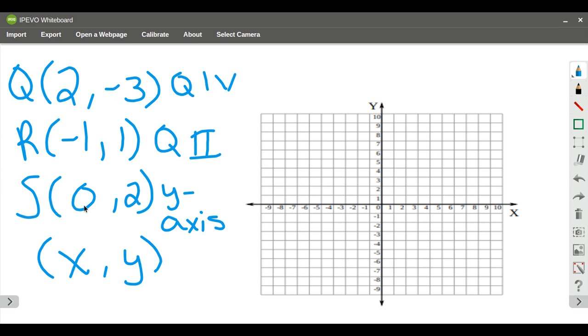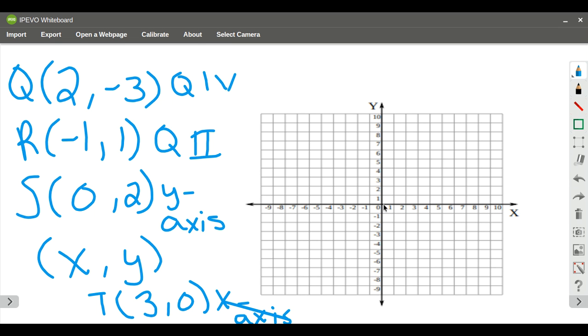Anytime I have a 0 in my x coordinate, I'm going to be on the y-axis. Let me show you what it would look like to be on the x-axis. If I had point T, I'm sorry, to be on the x-axis, not the y-axis, this is going to be on the x-axis because I move left and right, but I don't move up or down.